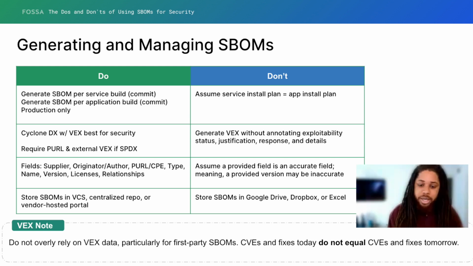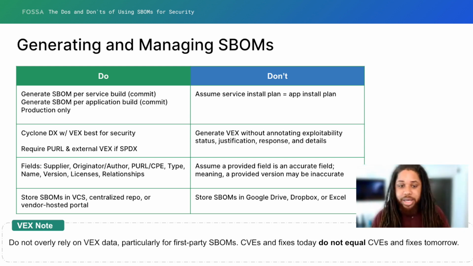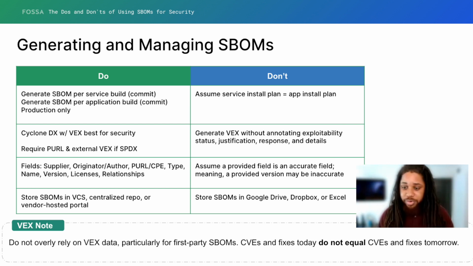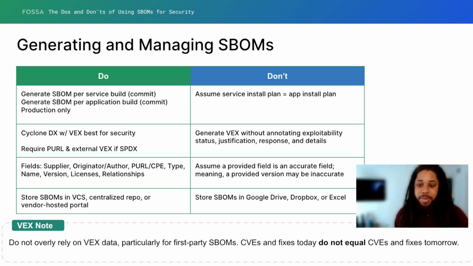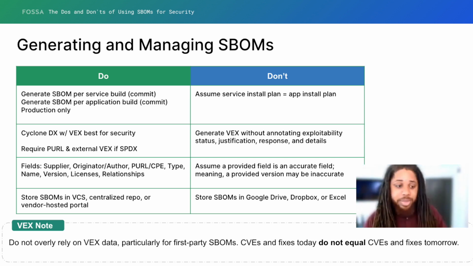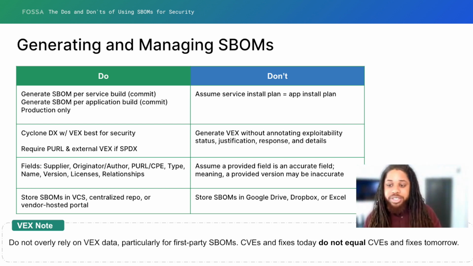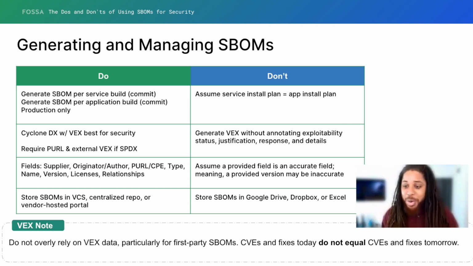The first is that vulnerabilities today, and fixes for that matter, do not equal CVEs and vulnerabilities tomorrow. New ones are constantly coming out. So unless you are operating in a standalone VEX model where that's constantly being updated, in practice a VEX statement is immediately inaccurate the moment it's generated, because you don't have any context on what new vulnerabilities have been introduced.